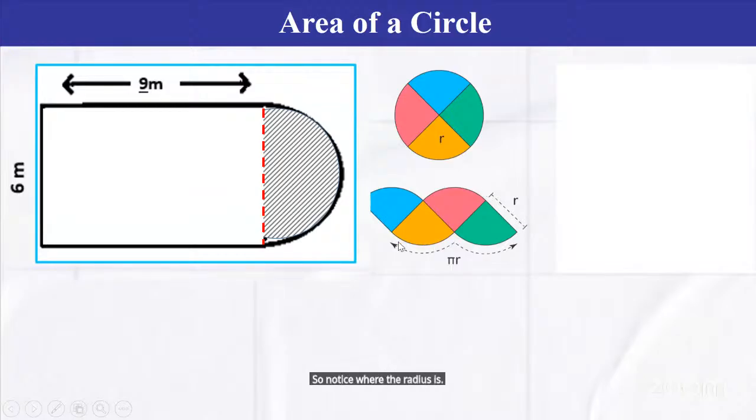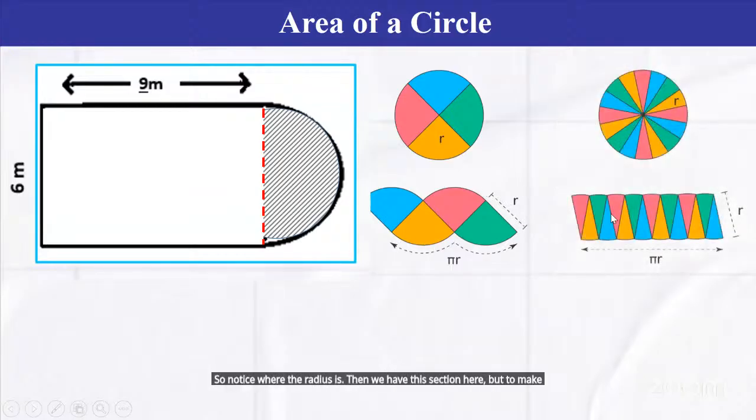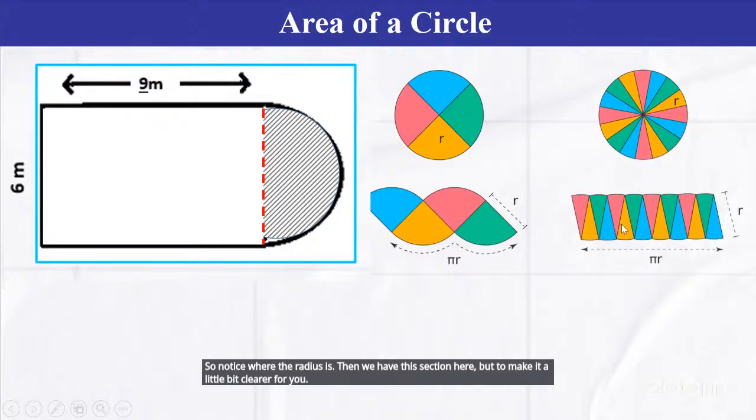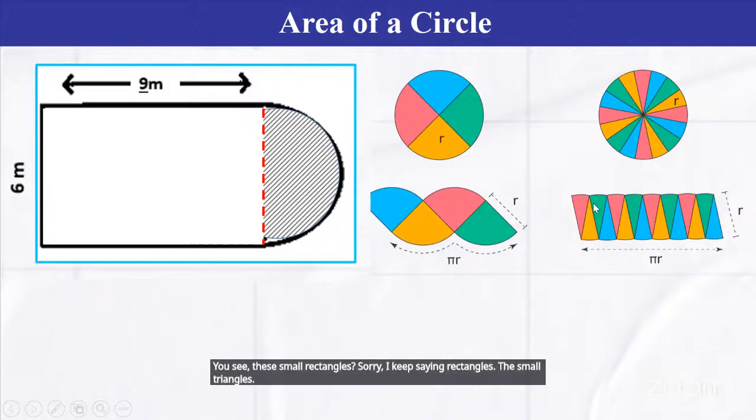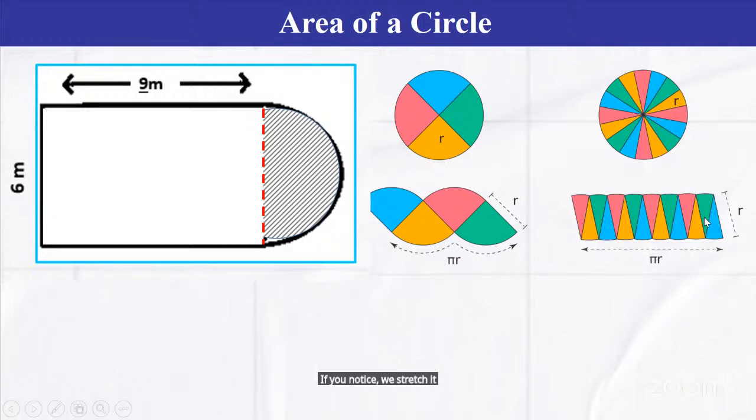Then if we cut them into small triangles, you see the small triangles? If you notice, we stretch it out and we get a rectangle. All right, how do we find the area of a rectangle again?